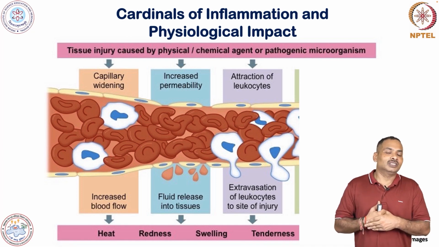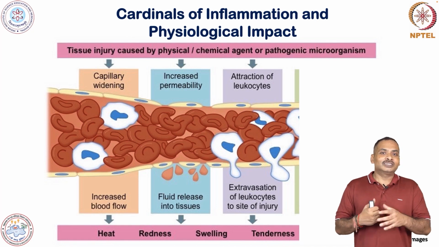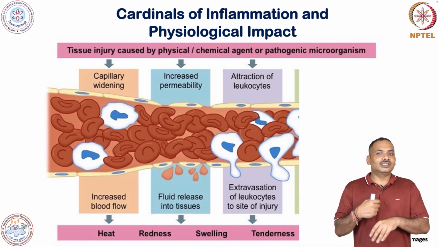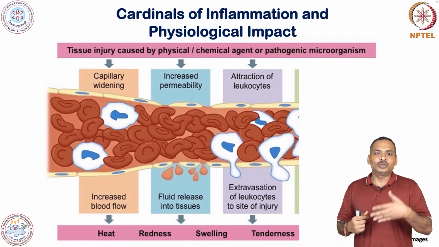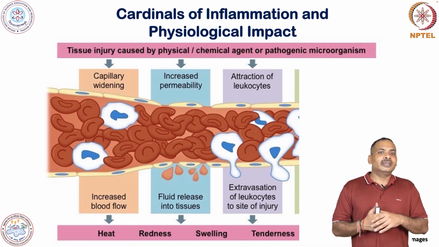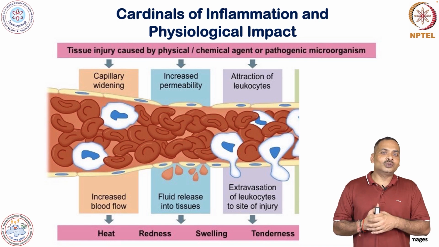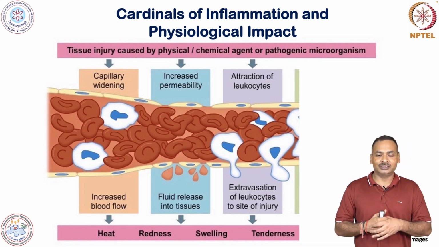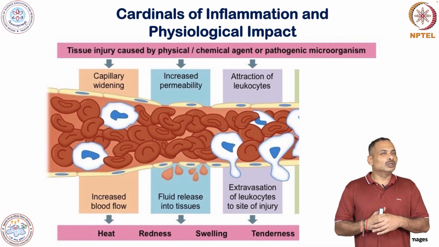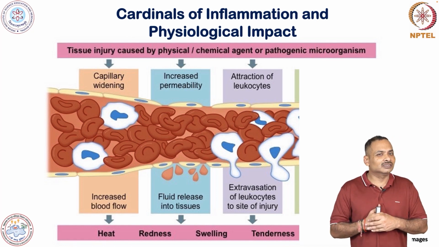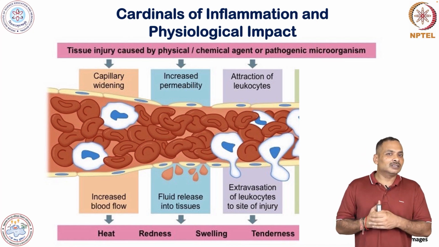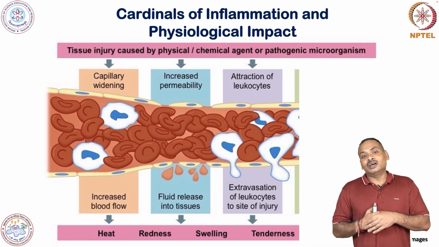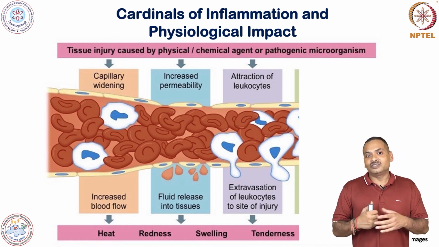Pain is also important. For example, if you had an injury in your hand and there is no pain, you will keep on doing that work, and that will cause further severe damage to your hand. There are some individuals who have mutations in pain sensors, and they have a very tough time.